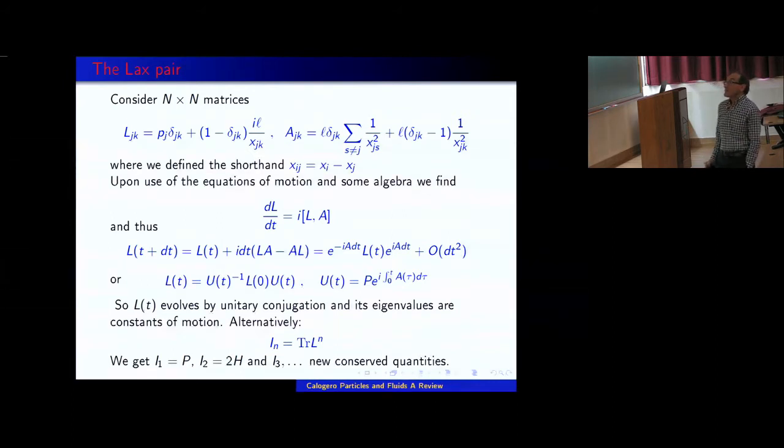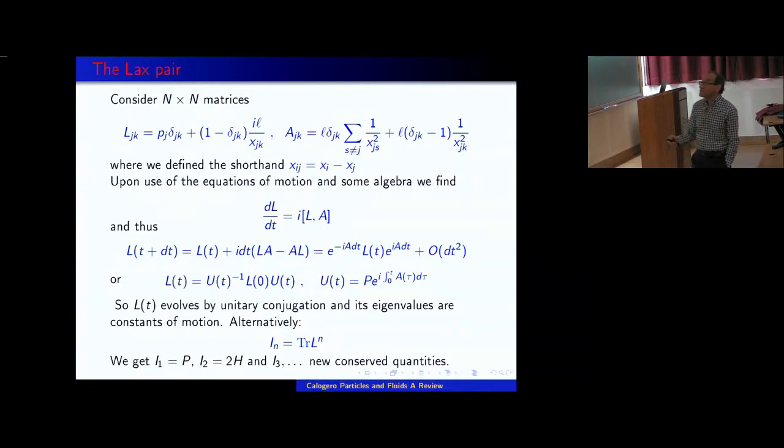Now, we can use the equations of motion of the Calogero particles, assuming that P and X are positions and momenta of particles obeying Calogero dynamics, to deduce the time evolution of these two functions, in particular of L. And you do it, it's some algebra, but easily doable, and you discover that the time derivative of that matrix is the commutator of that matrix with the other matrix.